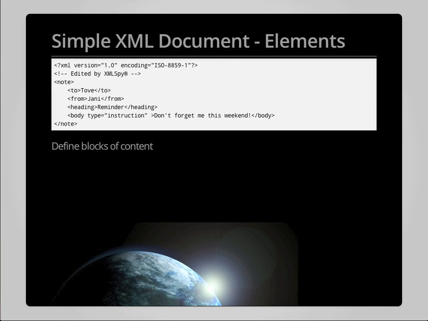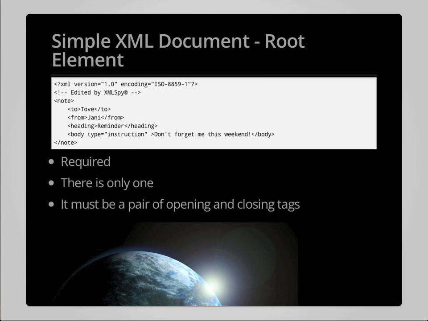Elements in an XML document essentially define blocks of content generically. Where the root element is a particular type of element within an XML document, first and foremost, it is required.